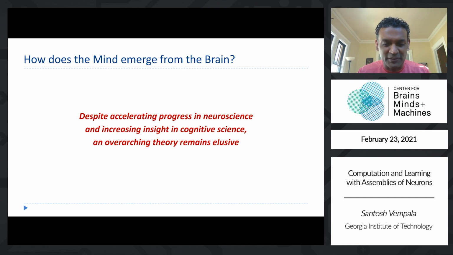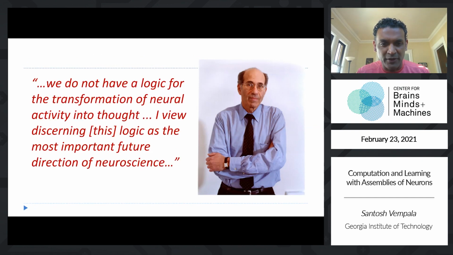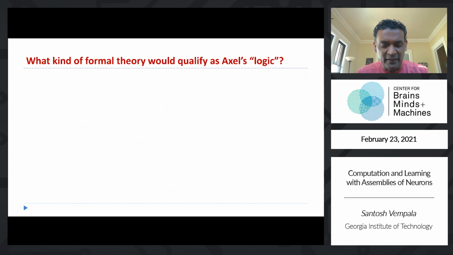So that's the overarching question. And this was phrased precisely by Nobel laureate Richard Axel not that long ago, where he said, we do not have a logic for the transformation of neural activity into thought. I view discerning this logic as the most important future direction of neuroscience. So at the end, maybe if there's time, we'll discuss further motivations for this, but that's the high-level thing.